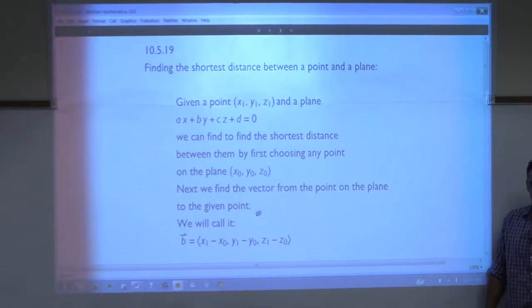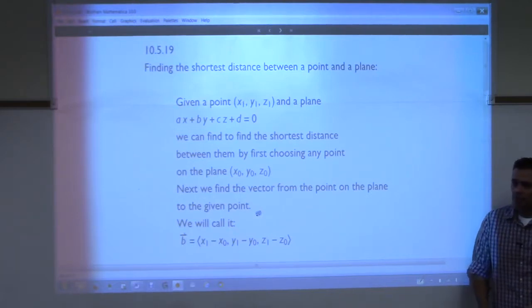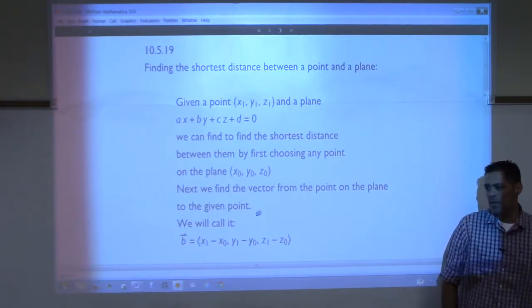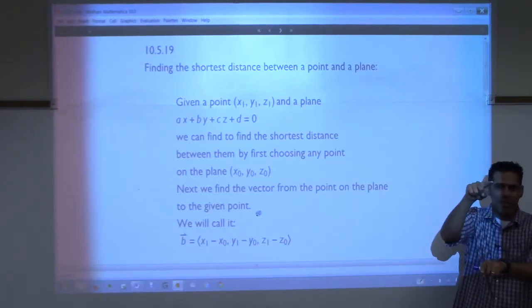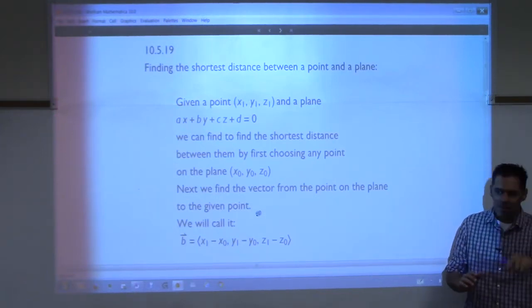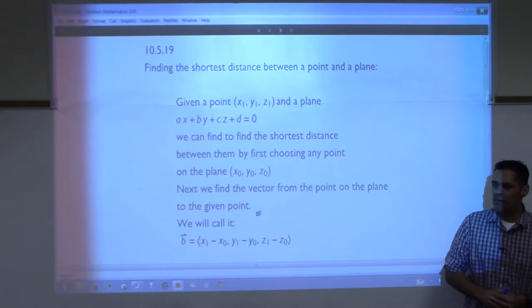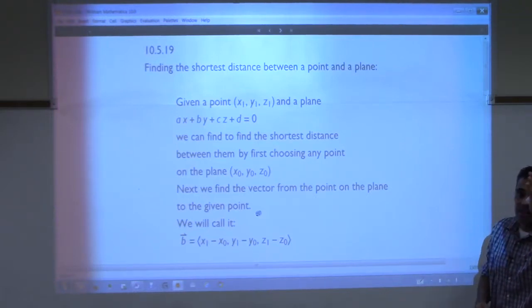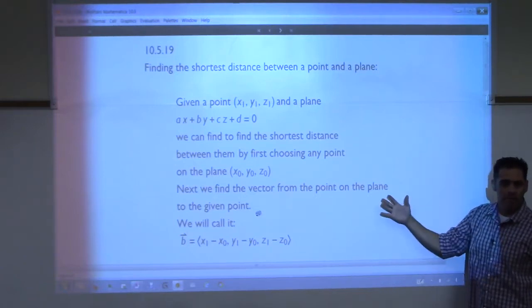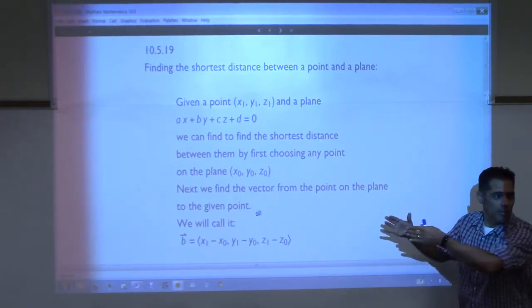It would be the straight line down to the floor, right? Now, if the floor is the xy plane, then we're really just looking for the z coordinate, aren't we? The height would be the z coordinate of the camera, and that's easy to do because it's just one of the coordinates, right? If I ask you what's the distance between the camera and this plane, right here, the flat wall, then it would just be this coordinate, wouldn't it?